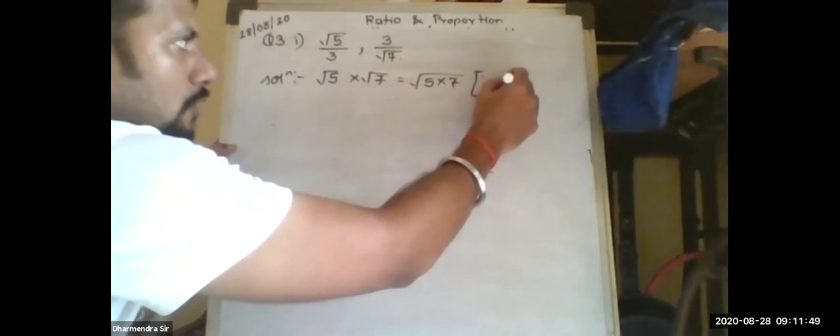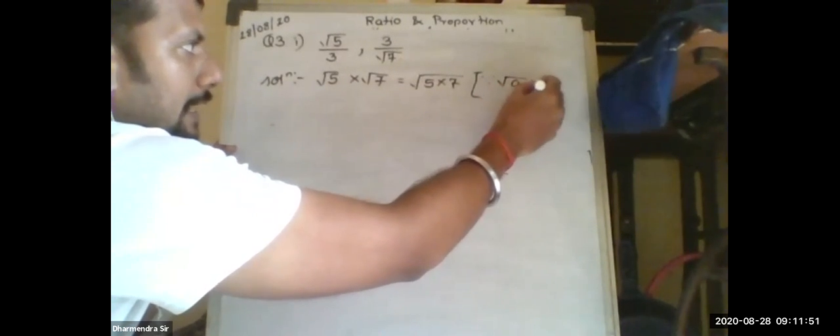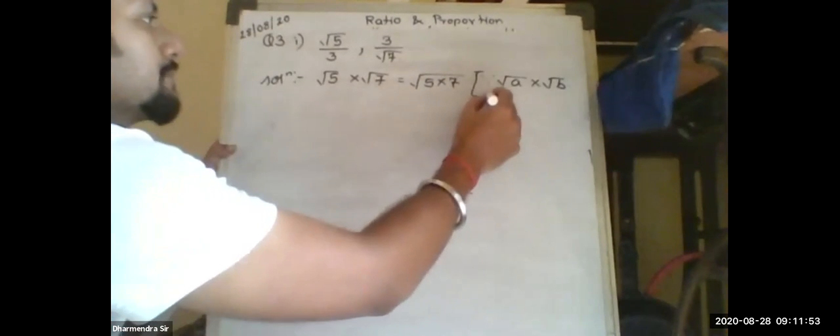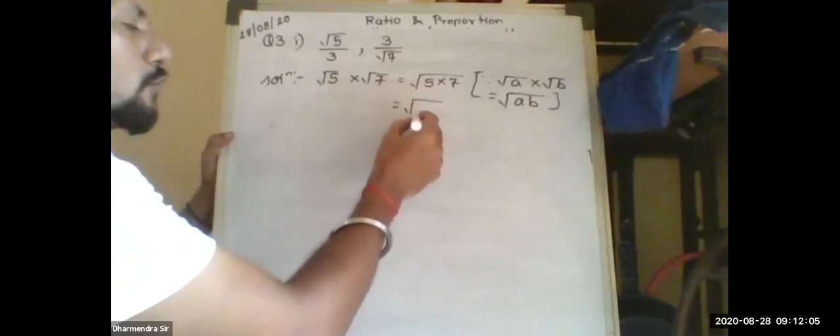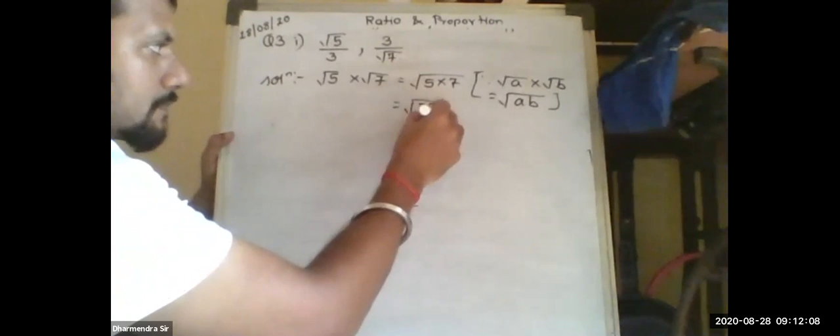Since root of A into root of B, the answer is root of AB, or root of A into B. This is the property that we are using. So here 5 into 7 or 7 into 5 is 35. So we got root 35.